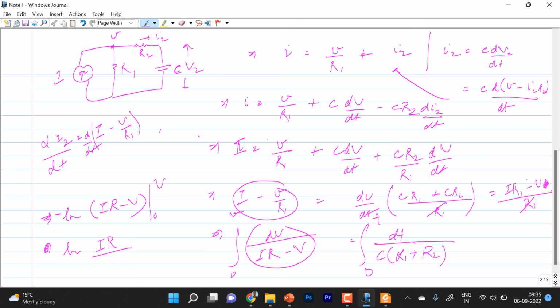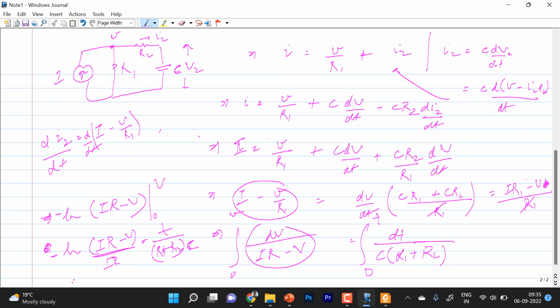So you can keep the minus sign outside. So it will be ln of I R over this, divided by IR, and the minus sign will be there, equal to time t, since the dt integral is time t, upon R1 plus R2 into C, right?